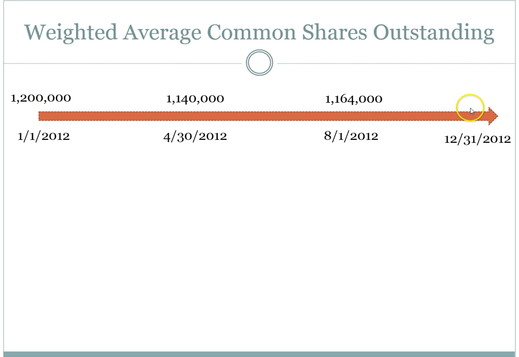There were no other common stock transactions for the remainder of the year. Notice that there is nothing in here about the preferred stock. Preferred stock is a separate class of stock, and it doesn't have anything directly to do with the number of common shares outstanding.